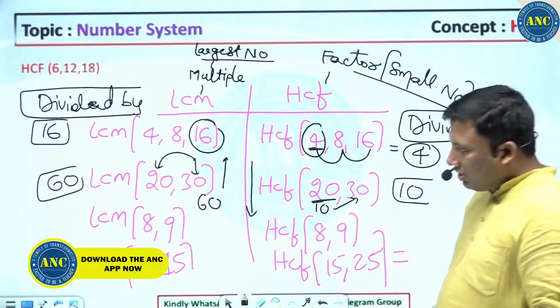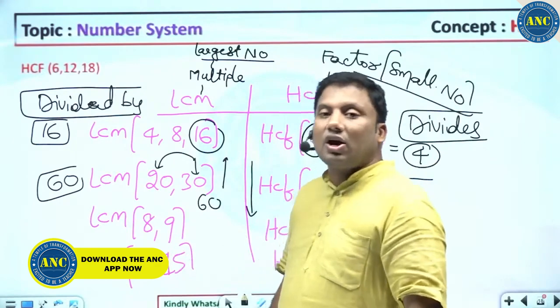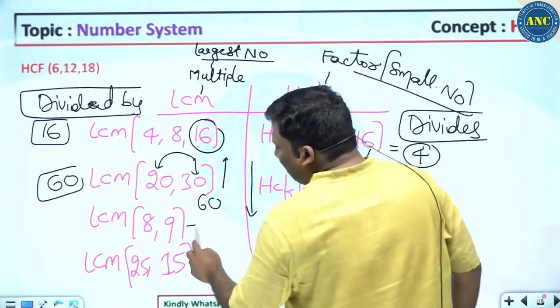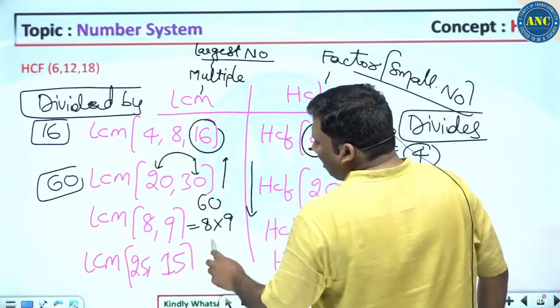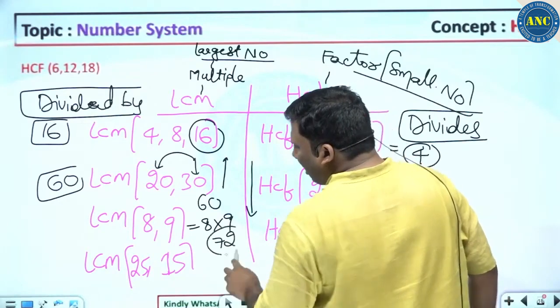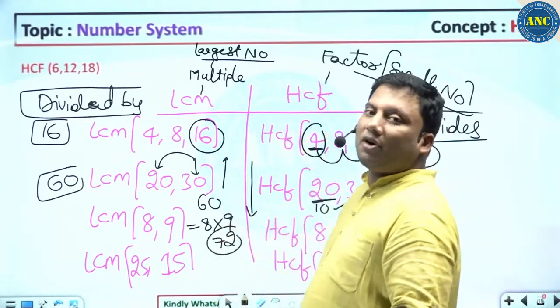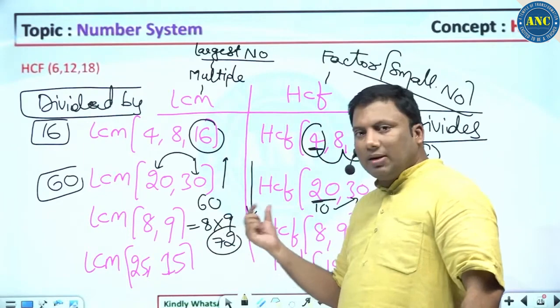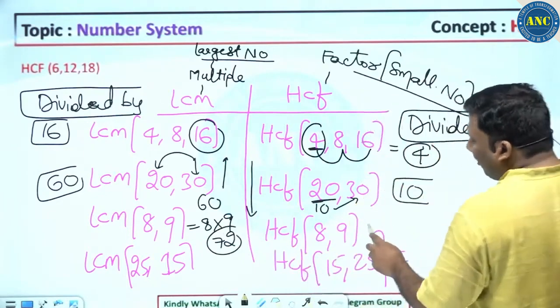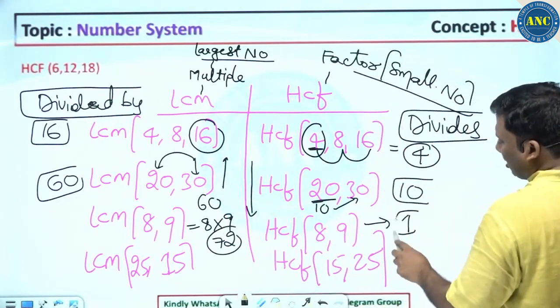In HCF, go to the factors of the smallest. 8 and 9, they are consecutive numbers. LCM of consecutive numbers is their product. Please write down, sir. LCM of consecutive numbers, it is the product. HCF of consecutive numbers, it is always 1.